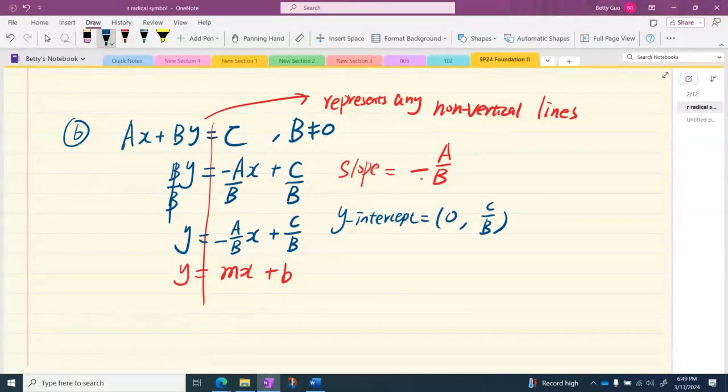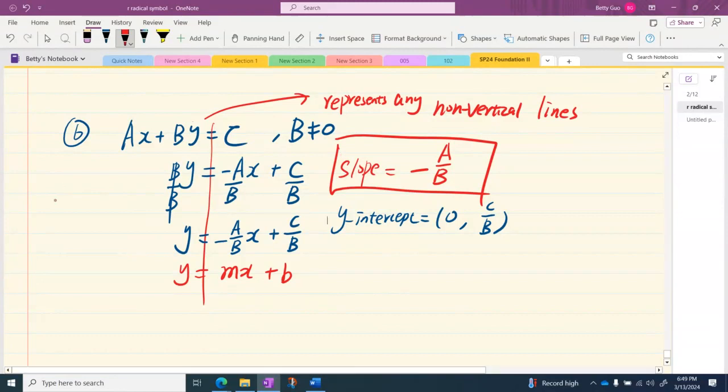Okay, you don't have to worry about the y-intercept, but this is a formula I want you to memorize. If we have a straight line written in the standard form ax plus by equals c, then the slope of the line is going to be negative a over b. Just now, we actually proved this formula.